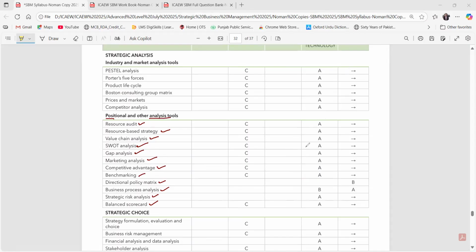Again, all of these topics have been carried forward at level A, except directional policy matrix, which is level B. So only this topic is at level B; the rest are at level A. As I stated earlier, you need comprehensive knowledge and solid understanding of all of these areas.